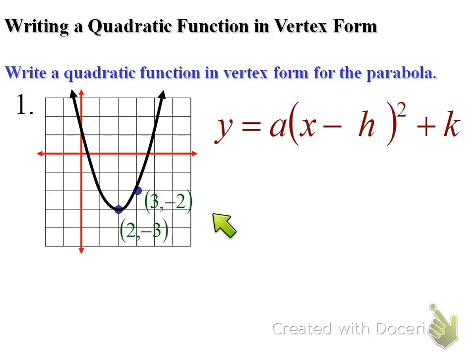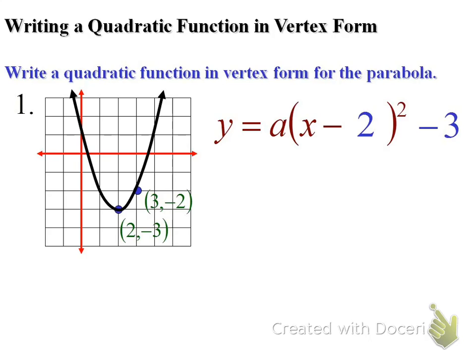We know h, right? What is h? 2. What is k? Negative 3. Good. If you're not sure where those came from, the vertex is down here. So we replace the h with the x value of the vertex, the k with the y value of the vertex.